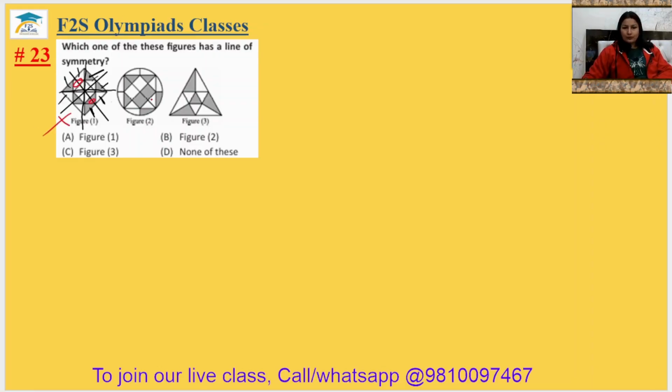Come to figure 2. Figure 2, vertical, no symmetry, or this way, no symmetry. But if we check in this way, colored, colored, not colored, not colored, colored, colored, not colored, not colored, colored, colored. Yes. Figure 2 is symmetric.